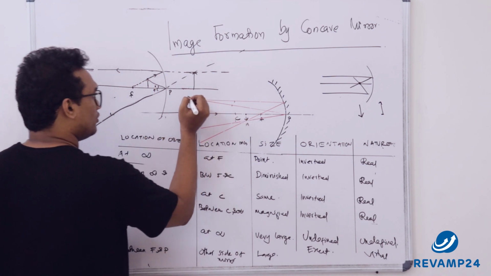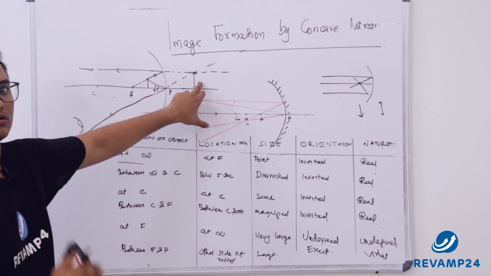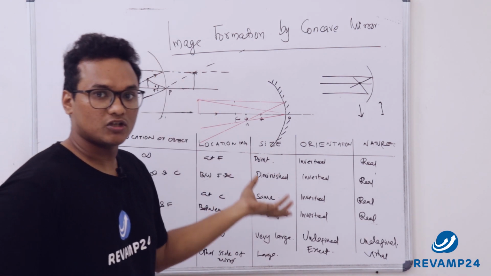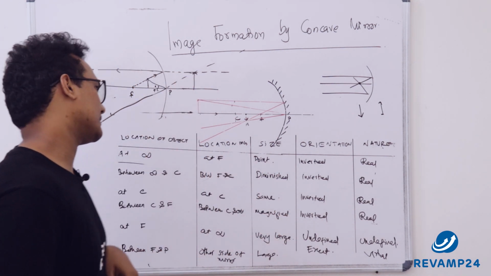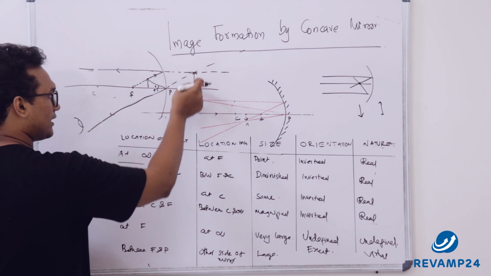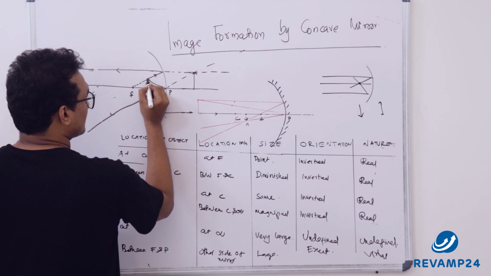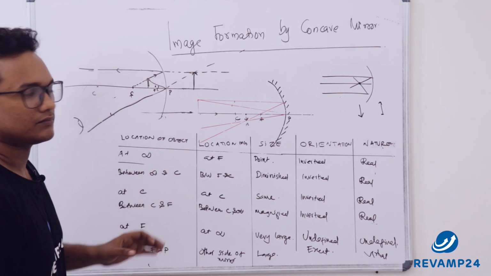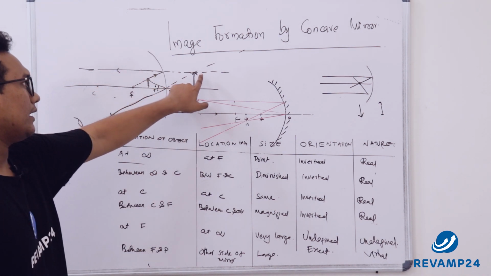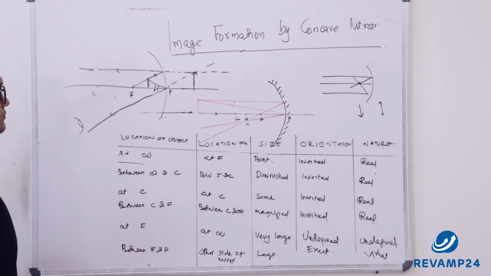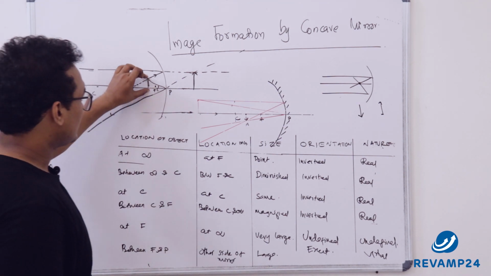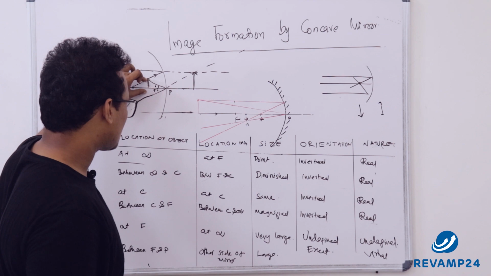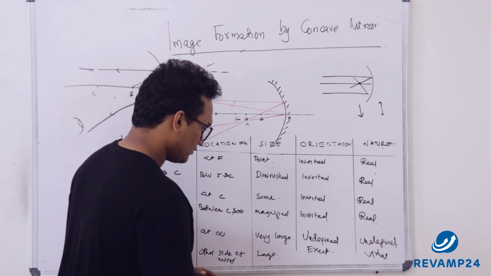So they do intersect at this point, but this is not an actual intersection, it's an imaginary intersection. So they will form an imaginary image here, but see, heads up and heads up. So it is an erect image, erect object, erect image.